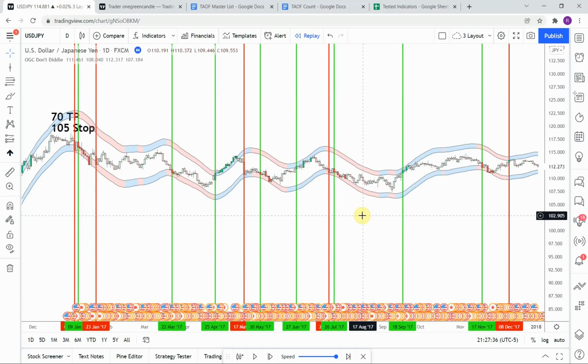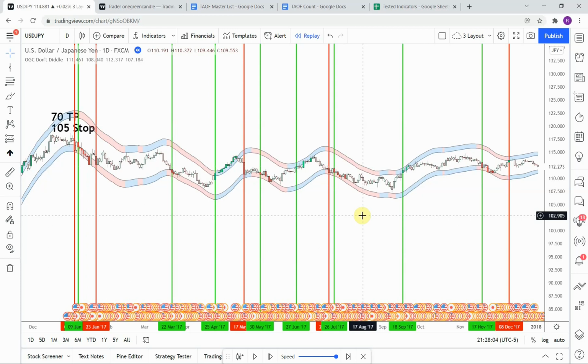A decent amount of trades for the year. Not a whole lot of trades, but 13 isn't bad, that's for sure. Yeah, this one is a pretty reasonably decent indicator. I think maybe if we tweaked the settings a little bit on it, maybe sped it up just a tad bit, we could have gotten a little bit more out of it.